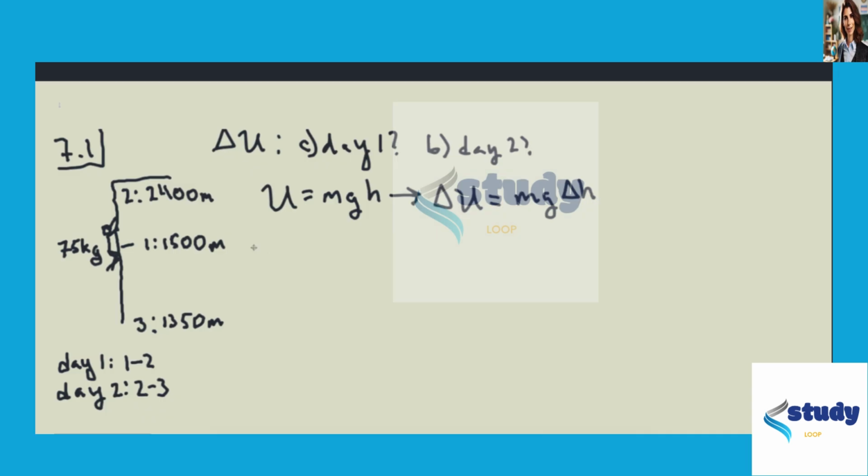So using this, the change in height is going to be 2,400 meters minus 1,500 meters. Which is, like, 900 meters?